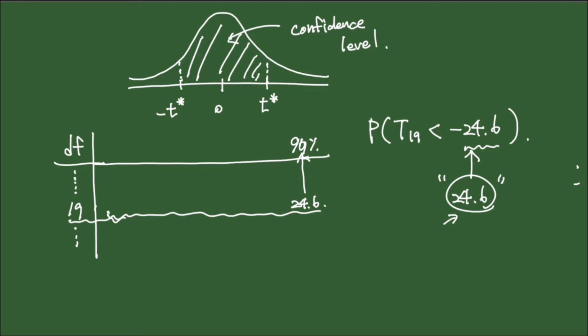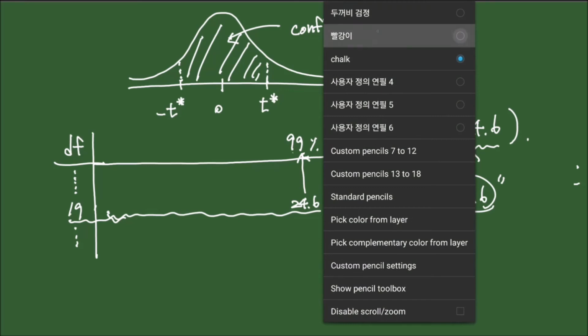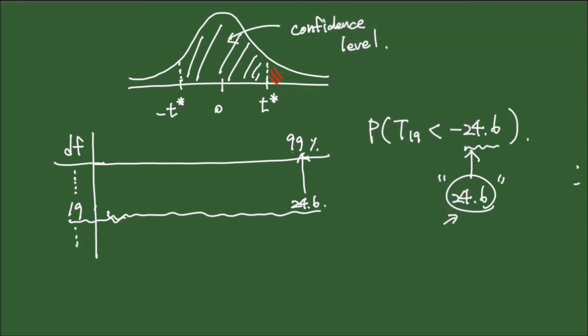So maybe this one corresponds to the 99% confidence level. Okay, which means if 24.6 corresponds to the 99% confidence level, that means the area under that curve and the area under that curve, if I sum these two, I will get 0.01.